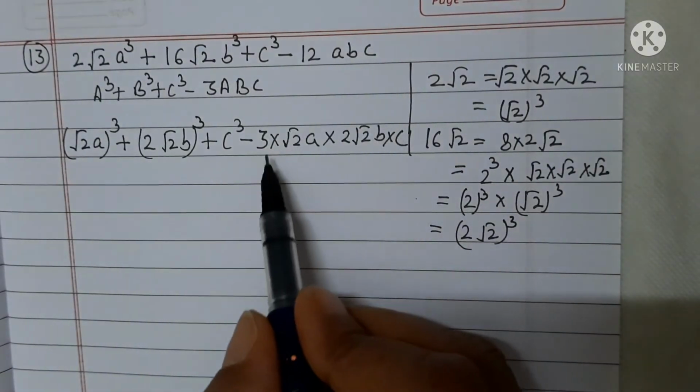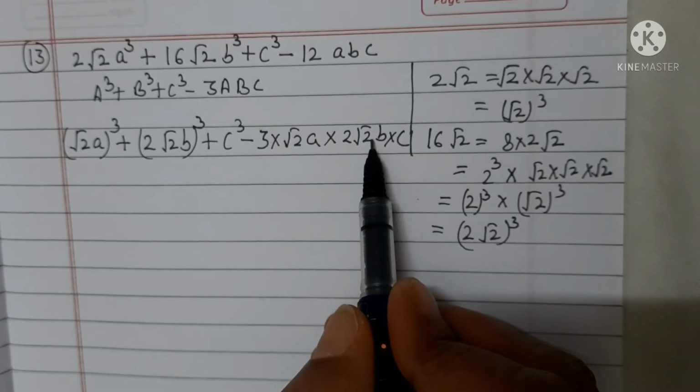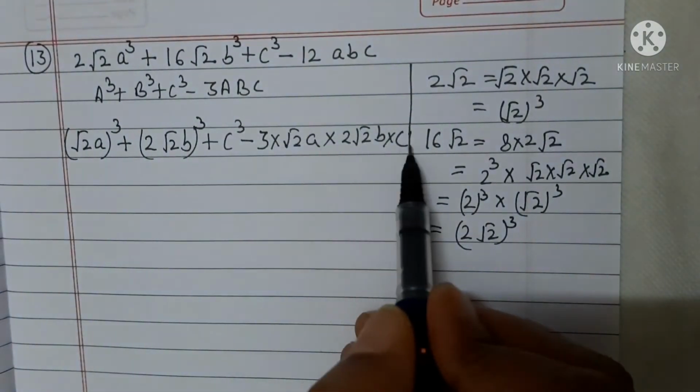Check it, are they the same? So root 2 into root 2 means 2, 2 into 2 is 4, 4 into 3 is 12, 12abc.